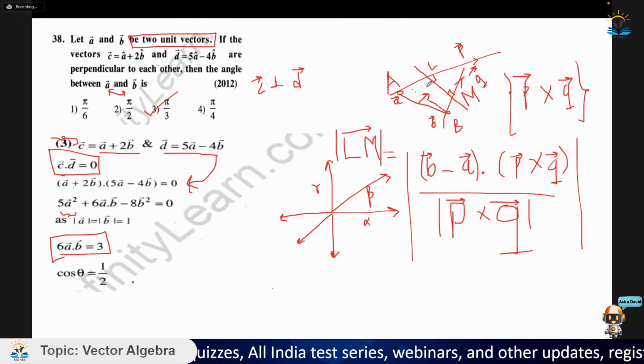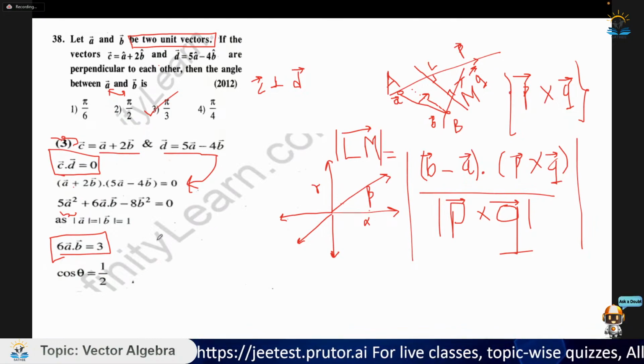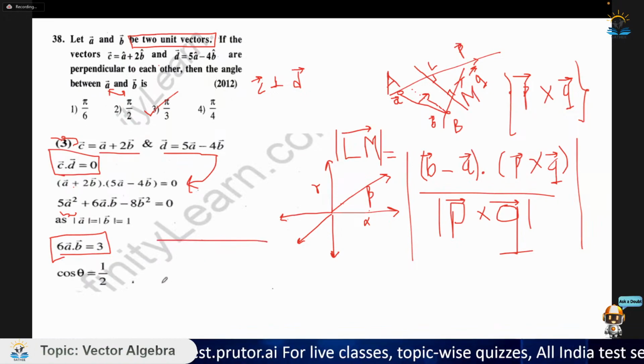We have covered already the area of parallelograms, area of triangle, and using the box product. Yes, so we have calculated this in the case when the lines are skew lines. Okay, so let us say the lines are parallel.